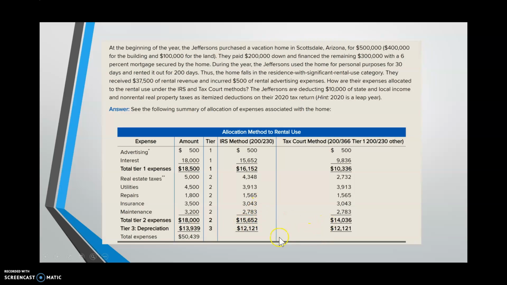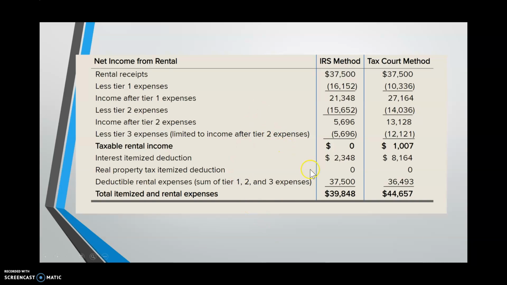So the depreciation is going to be the same, but in tier 1 and 2 there's going to be different layouts on how each method is used. This is also part of the exhibit, and it just shows how you take the expenses and your total itemizations for the rental with your rental expenses in it.